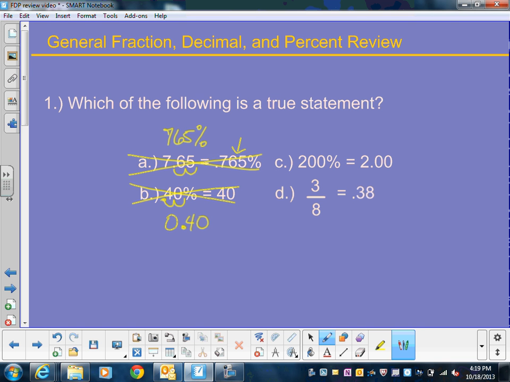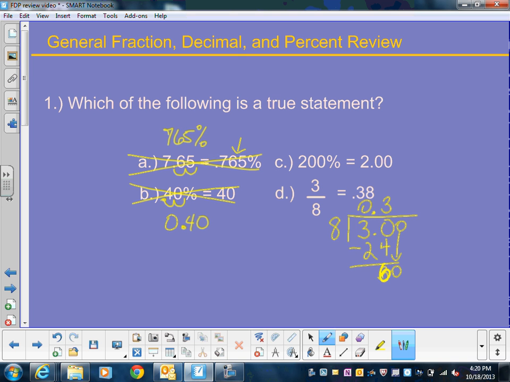Let's shift over to the right and go to answer choice D, where we have a fraction being converted to a decimal. If you remember, a fraction is a division problem, which we can go ahead and complete. 8 goes into 30 3 times, leaving us with the remainder of 6.